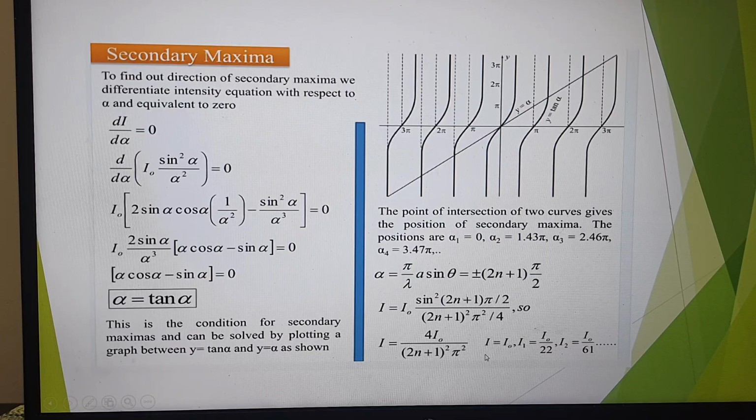Then see how the intensity varies: I equal to I naught, I1 equal to I naught by 22, and I2 will be I naught by 61. So it decreases in the order of the intersection points.